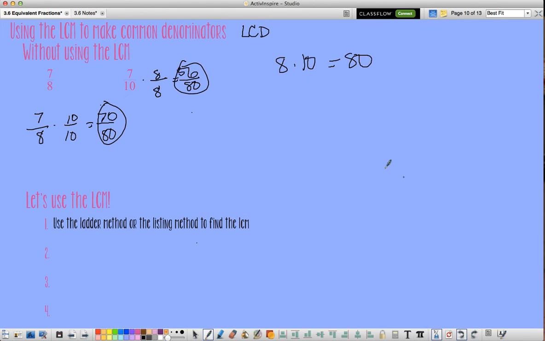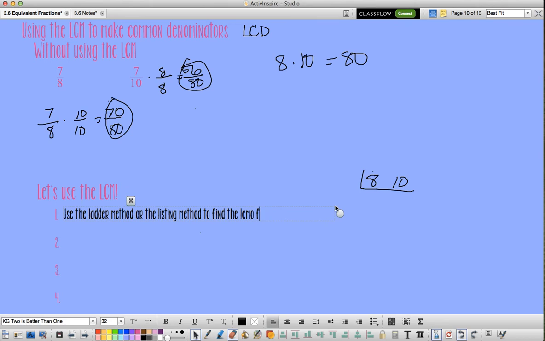Okay, so I'm going to use the ladder method. So I have 8 and 10, and I should put LCM of the, if I write that, we're going to run out of space on the page. So you need to find the LCM of the denominators.